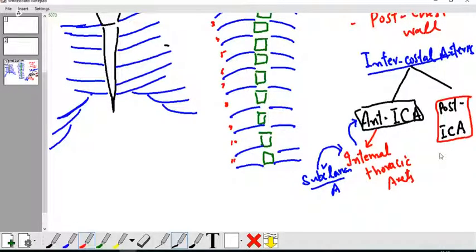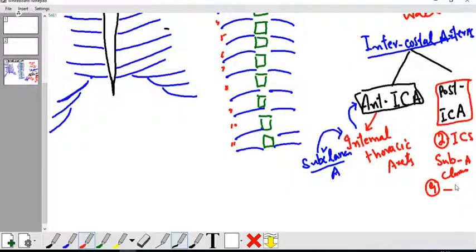The first two spaces have posterior intercostal arteries that come from the subclavian artery, and the remaining 9 posterior intercostal arteries are branches of the aorta.